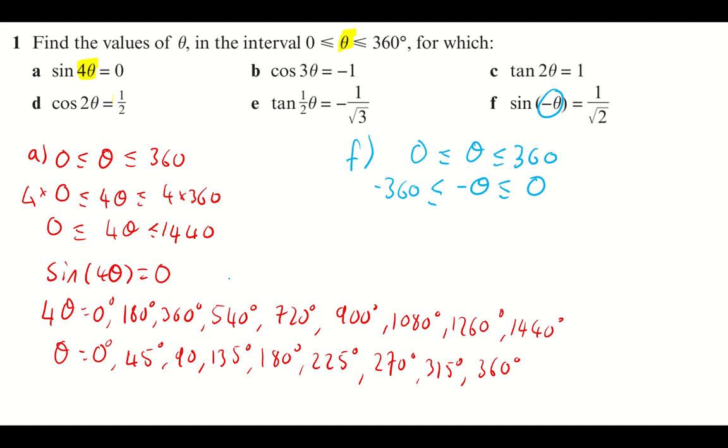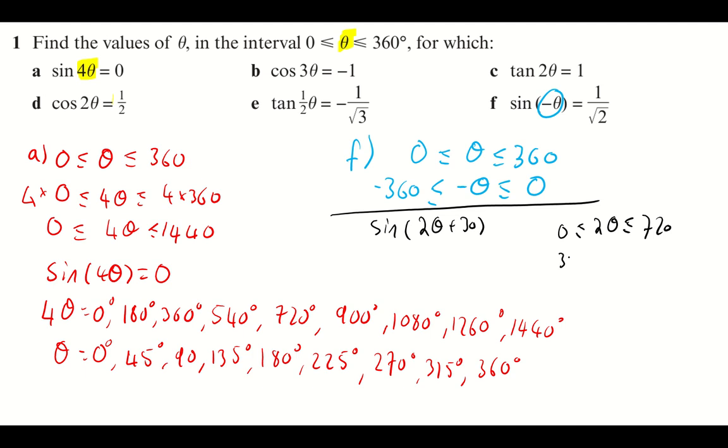Now in there we could have more complicated things. Let me grab a black pen quickly. We could have things like sine of 2 theta plus 30, and we would double our range, so make it in this case 720 to 0, and then add 30.